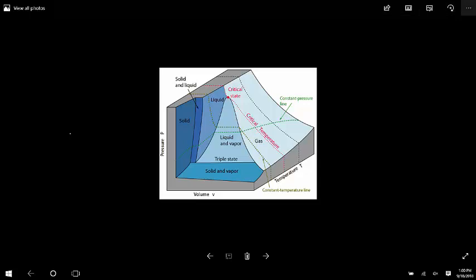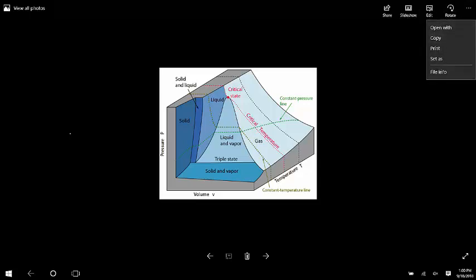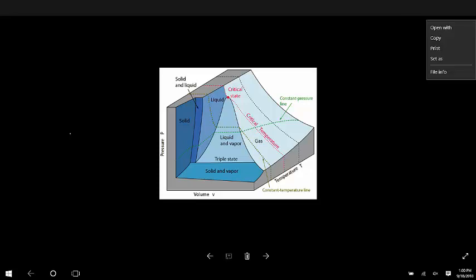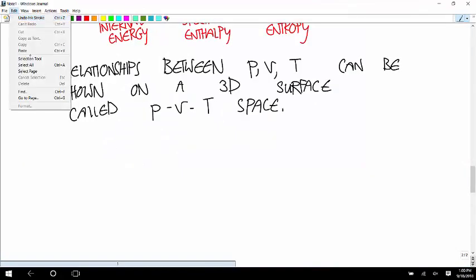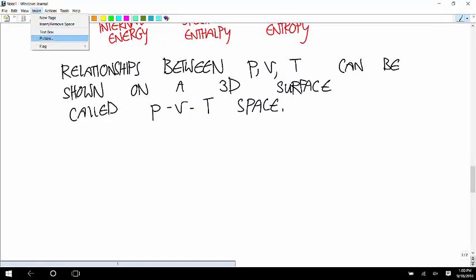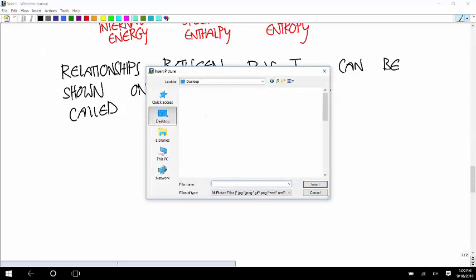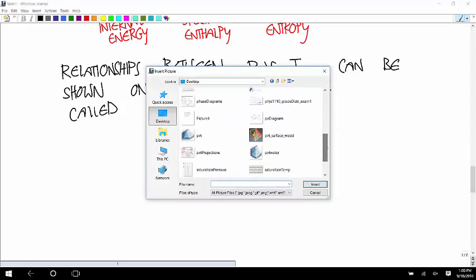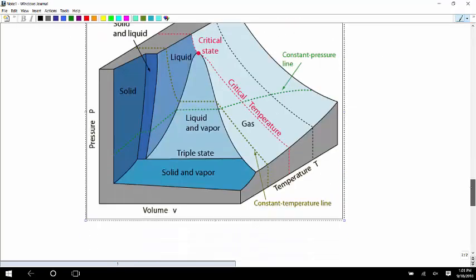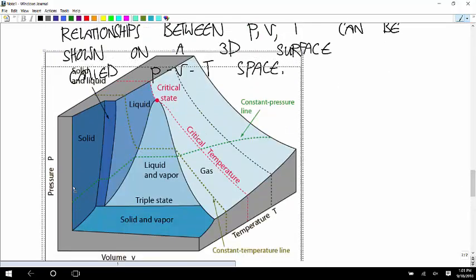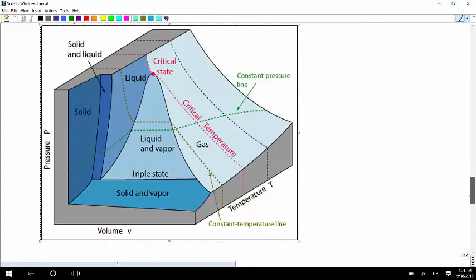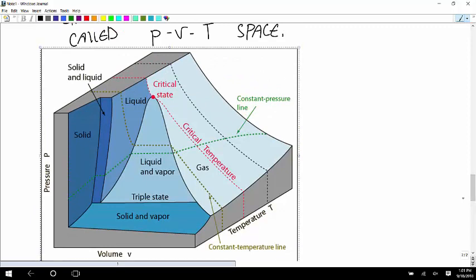So that's what it looks like. And the idea of this, so remember, this is a surface, it's not a solid thing.